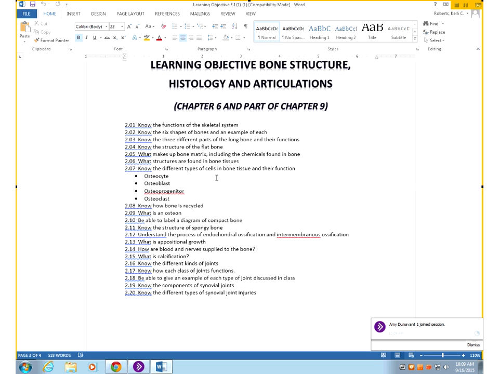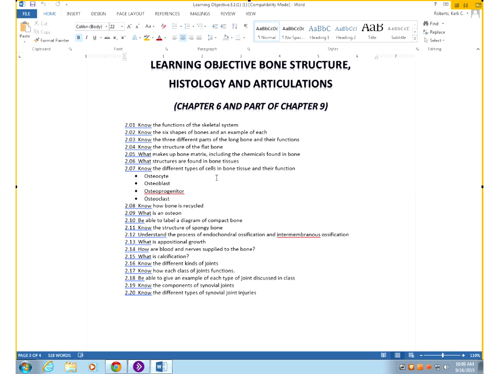Osteocytes are found in both the osteons, which is a unit of compact bone, as well as in the trabeculae, which are like the lattice work or the struts of spongy bone. The osteocytes have calcium deposits beside them. They have cytoplasmic extensions called canaliculi that allow for the osteocytes to communicate with other cells. So do you see how more involved the second description of an osteocyte is compared to the first description? The first description is absolutely true. It is a mature bone cell, but it's not really telling the whole story.